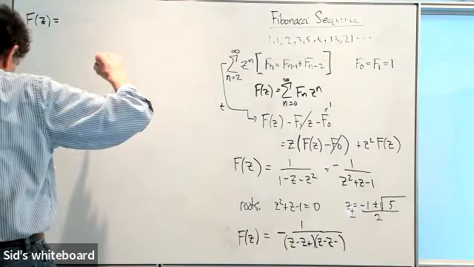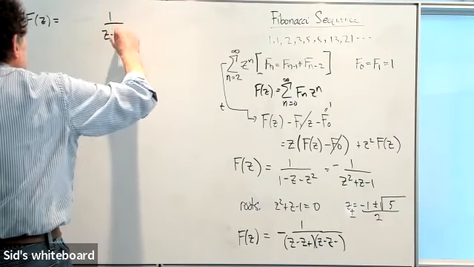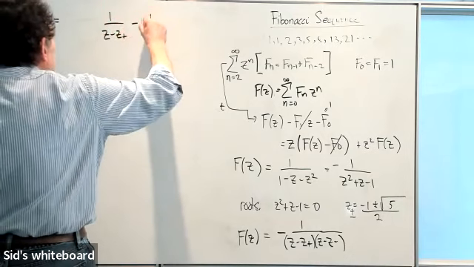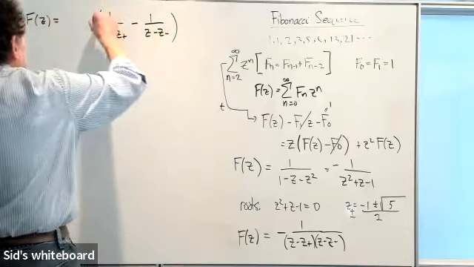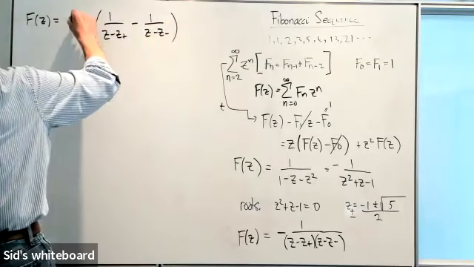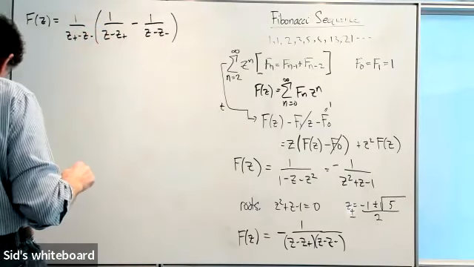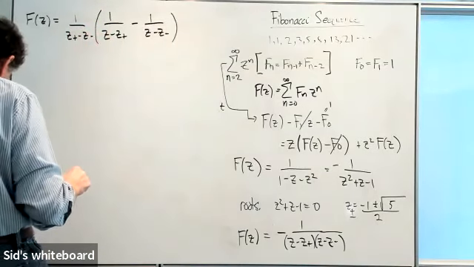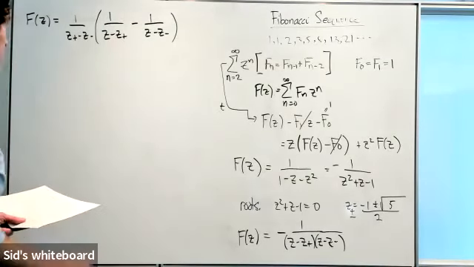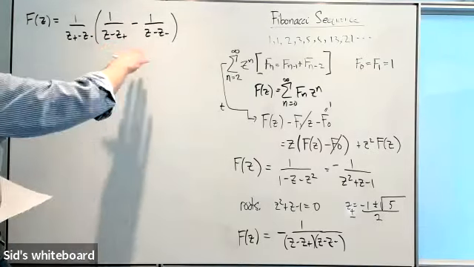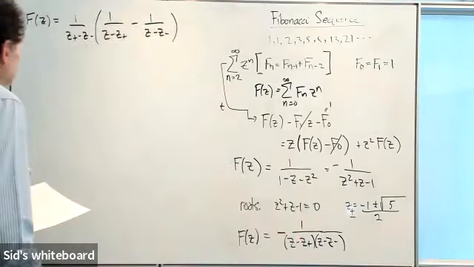We can write it as 1 over z minus z plus minus 1 over z minus z minus. And then in front, I'm going to have 1 over z plus minus z minus. So you can just see by trivial combining this that the same quantity is what we have over here.